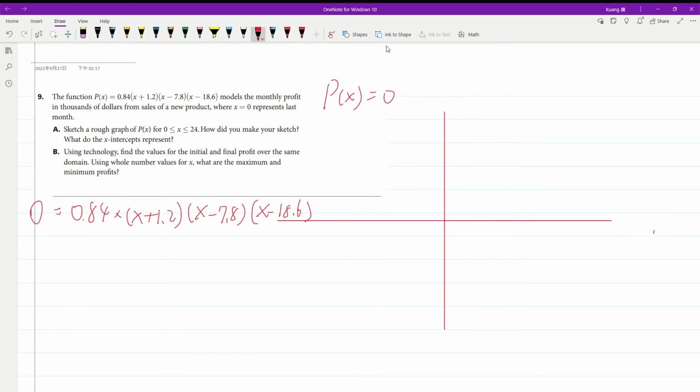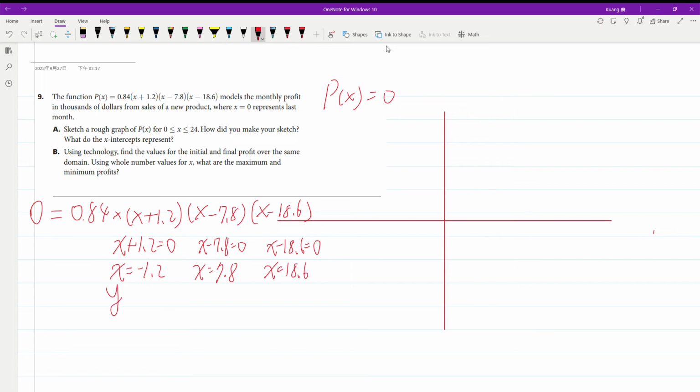If the product of a set of numbers equals 0, then one of them must be 0. That means x plus 1.2 could be 0, or x minus 7.8 could be 0, or x minus 18.6 could be 0. So x can be negative 1.2, or 7.8, or 18.6.